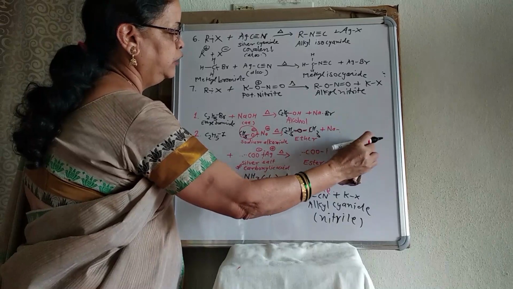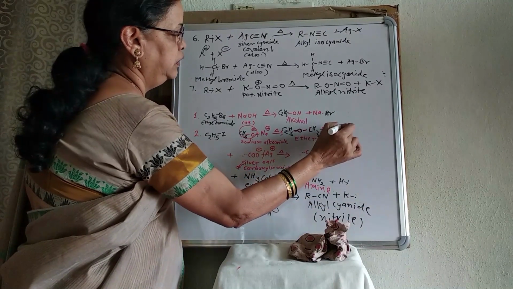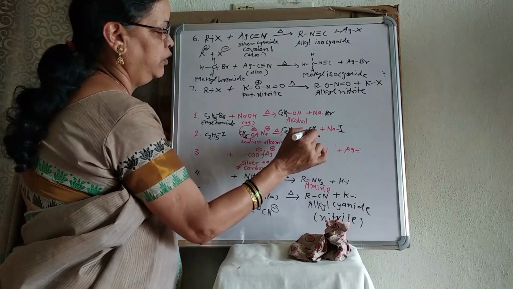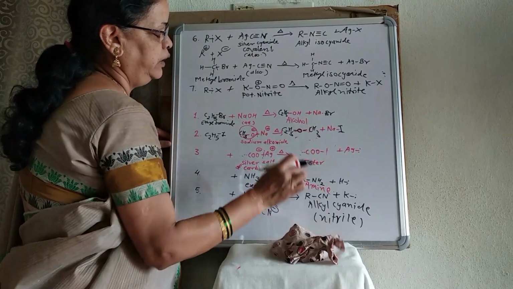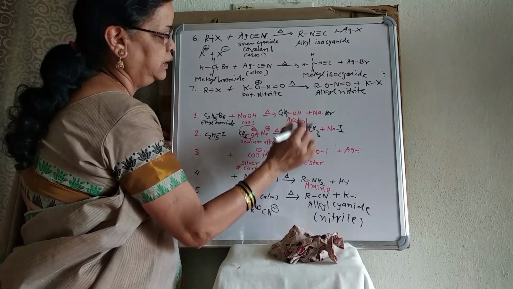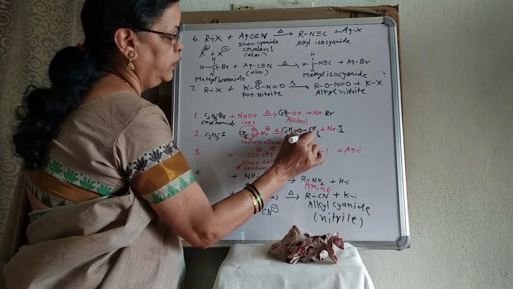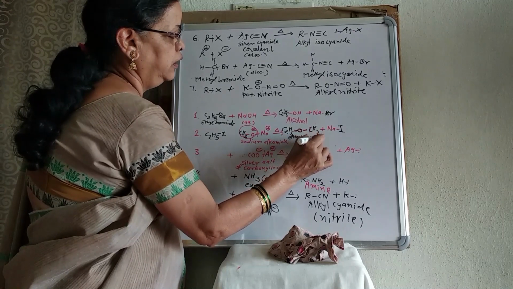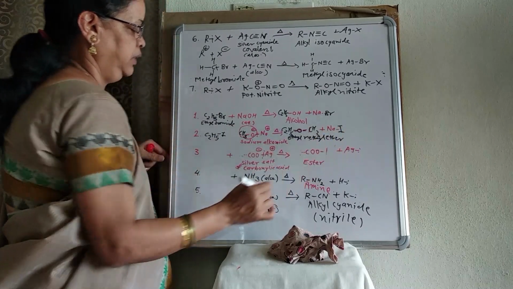Particular groups are going to form. NaI, sodium iodide, is formed, and this ether contains two different groups, C2H5 and CH3. So it is called a methyl ethyl ether.